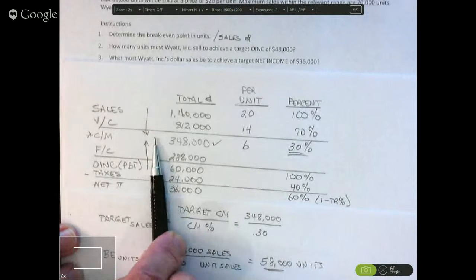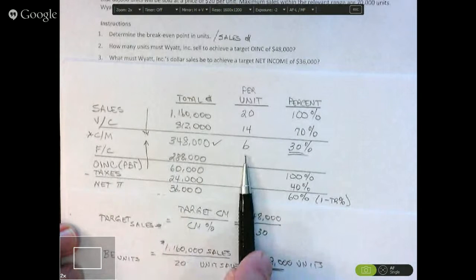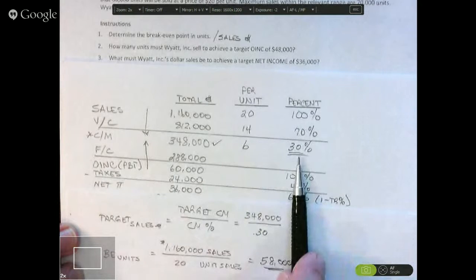Once the target contribution margin is calculated, use either the unit contribution margin to determine the number of units necessary to reach the target amount, or use the percentage amount to determine the dollar sales to reach your target income amount. Thank you for listening.